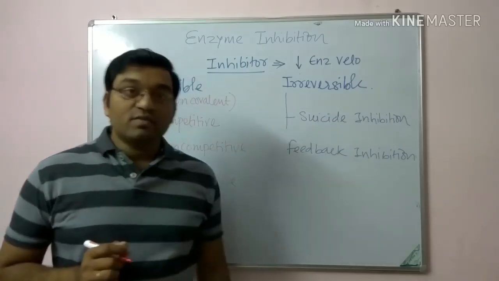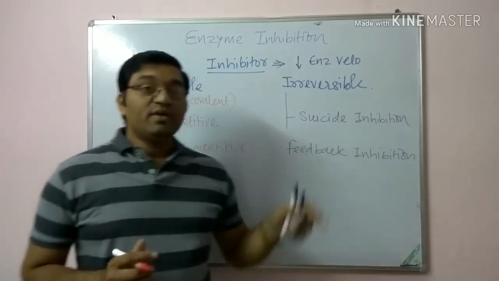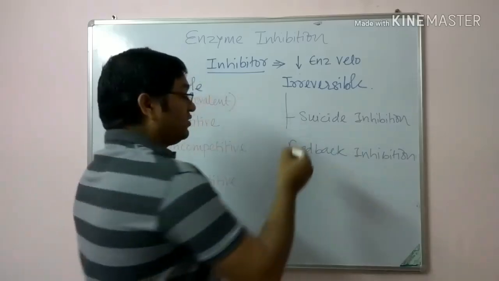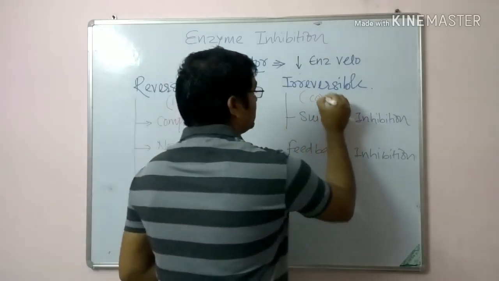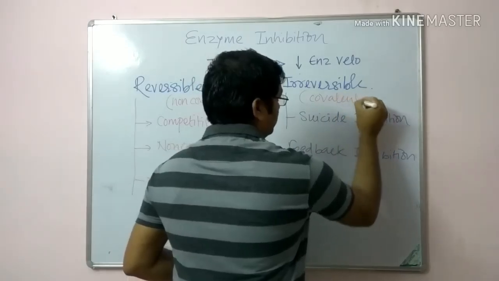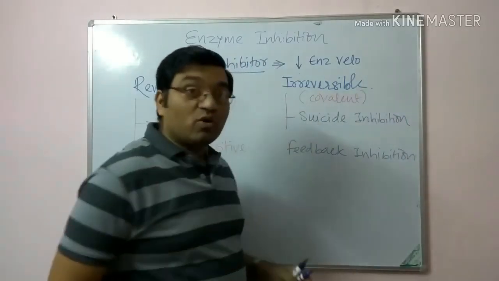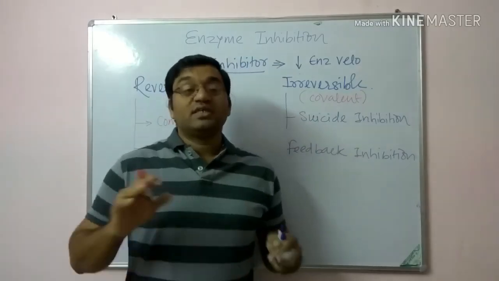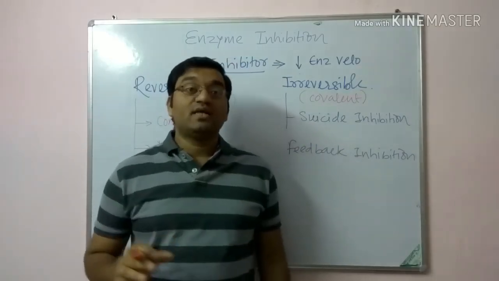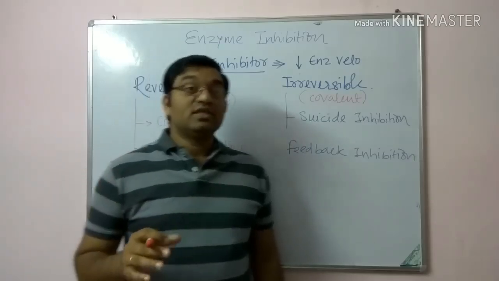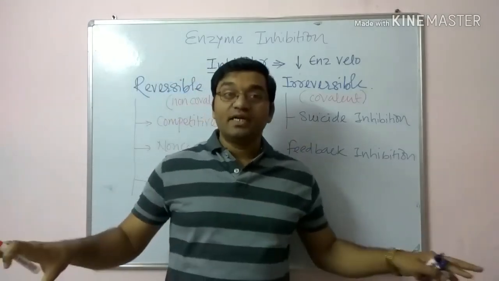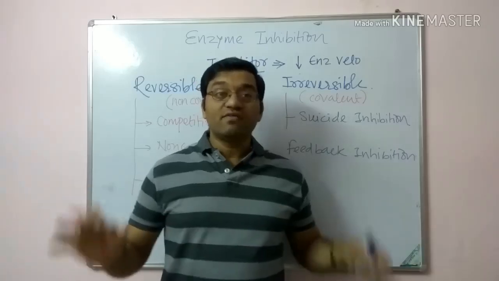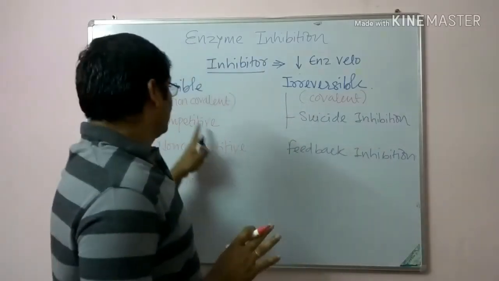While in irreversible inhibition, the inhibitor binds to the enzyme with the help of covalent interactions, and this brings about a conformational change at the active site of an enzyme, and this conformational change destroys the enzyme completely. That's why it is irreversible inhibition.